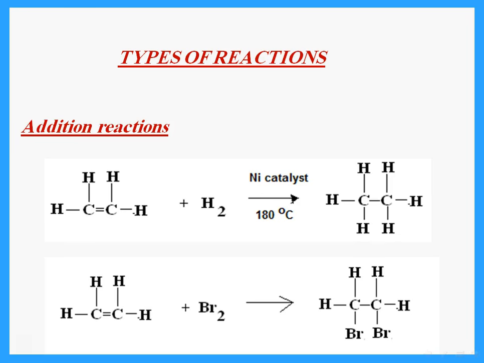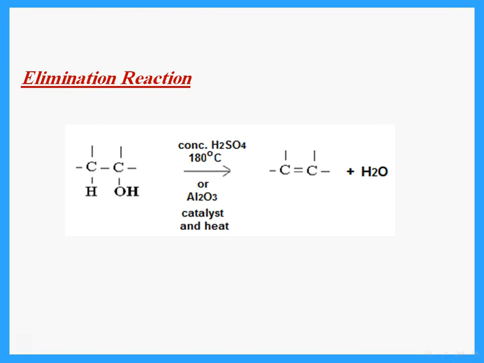So this is a summary of all the reactions that you need for organic. We said addition reactions of alkenes: if you're adding hydrogen, it has to be in the presence of nickel catalyst and 180 degrees centigrade. It gives the alkane. If I'm reacting with bromine, it will give the dibromo product, 1,2-dibromo. These are addition reactions.